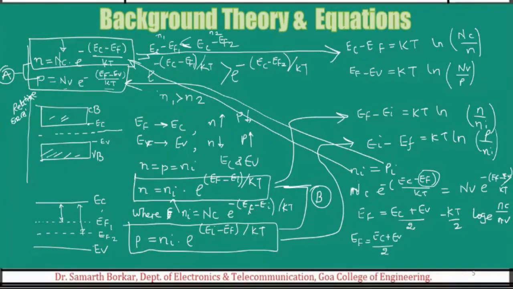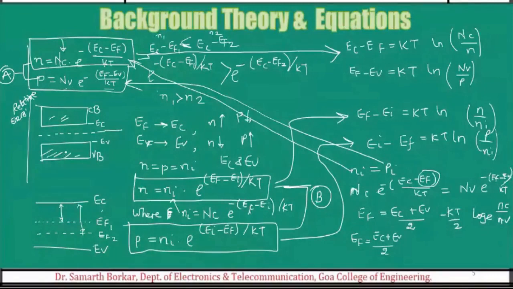EC is the bottom energy level of conduction band, and EV is the topmost of valence band. So basically EC plus EV by 2 is the center line. So it lies right at the center. What it means is the EF reflects the probability. So the probability of having electrons over here is 50%. Fine. So for intrinsic semiconductors, the number of electrons is equal to the number of holes.